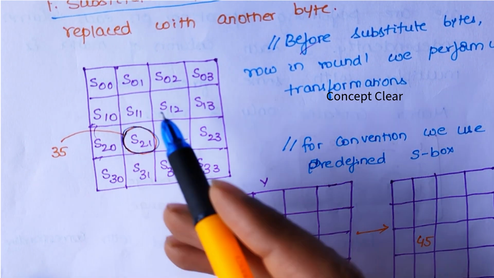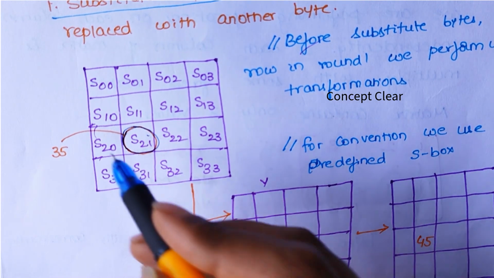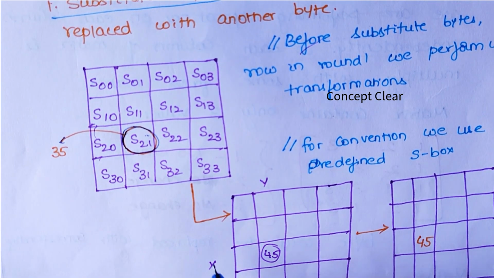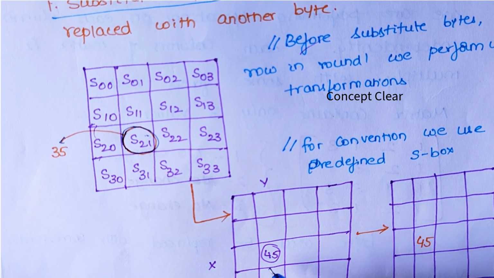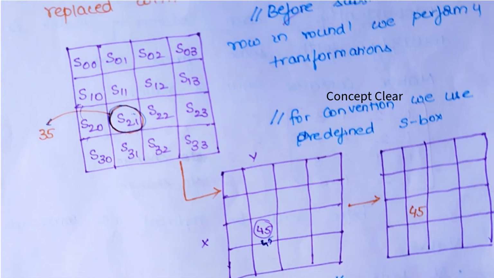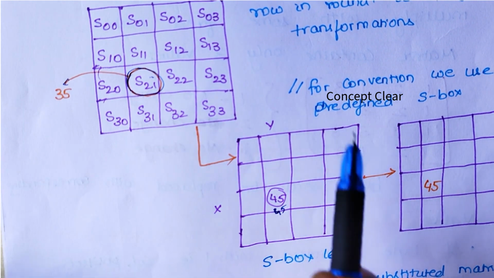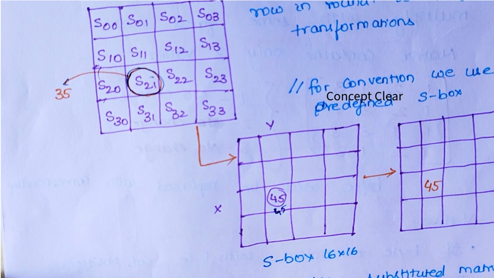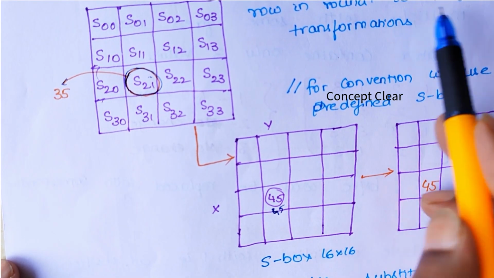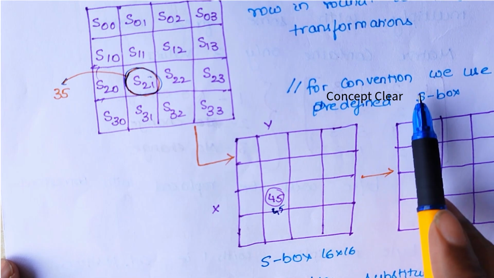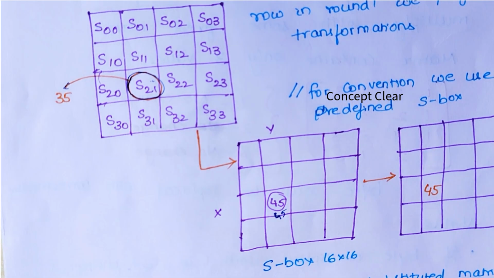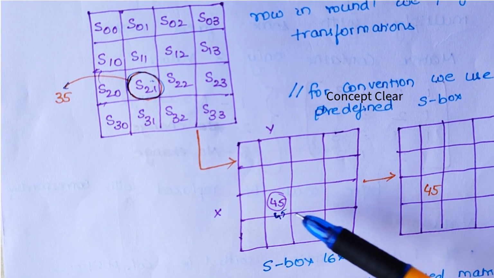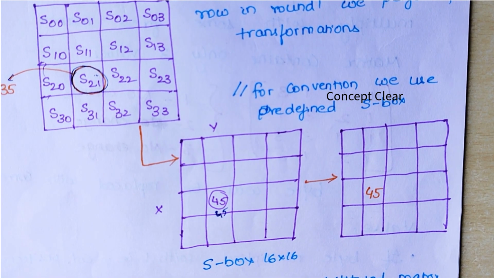Suppose the data is 35. When performing substitute bytes, the 35 will be replaced with some other value, for example 45, some other number. That is called substitution of the bytes. In round 1 we are performing 4 transformations. By convention we use predefined S-boxes. For example, if the data is 35, after substitution we will get 45.